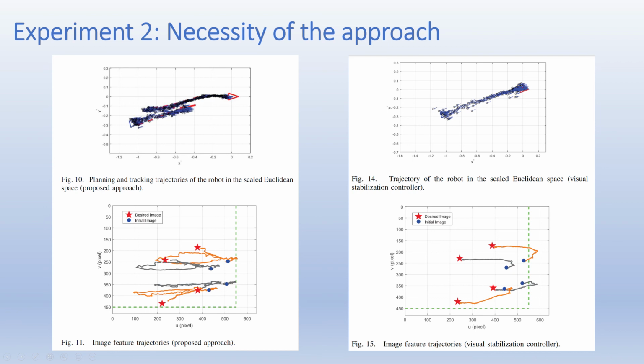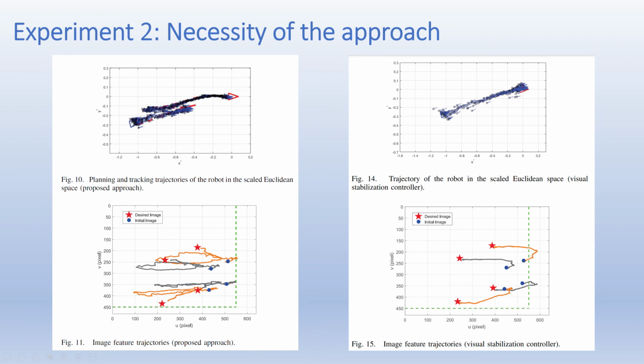However, if they use the visual stabilization controller, the mobile robot goes from the origin to the desired point in this way, and they get the image feature trajectories where the initial image goes from here, and from which you can observe that it has exceeded the boundaries of the whole pictures.